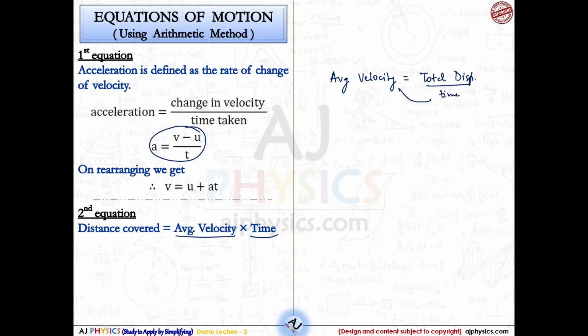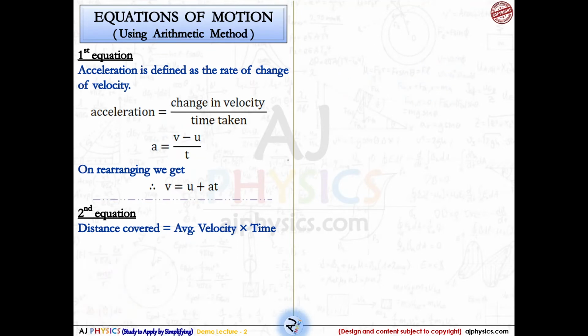So you can multiply this time here and you can get the total displacement of the motion here, whatever it is. Now the total distance covered will be s, and in the case of accelerated motion, I am telling you this thing, just remember this fact. In the case of the accelerated motion, you can take average speed as v plus u by 2. We'll go into the mathematical reasoning of this thing later on, but for the while you can just remember this thing.